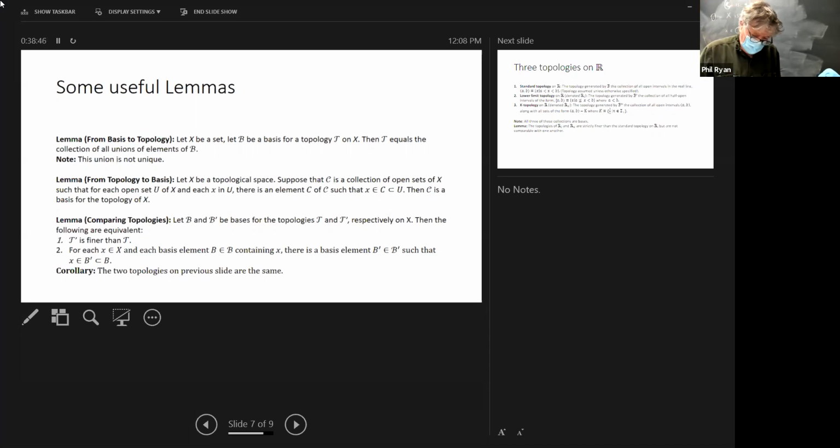So let's say we've got some element x that lies in the intersection of two elements of our collection, C1 and C2. C1 and C2 are open sets, so C1 intersected with C2 is an open set.